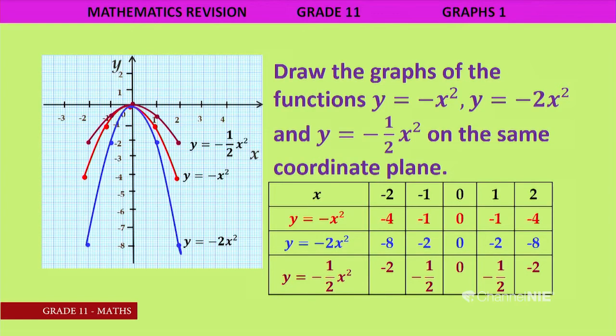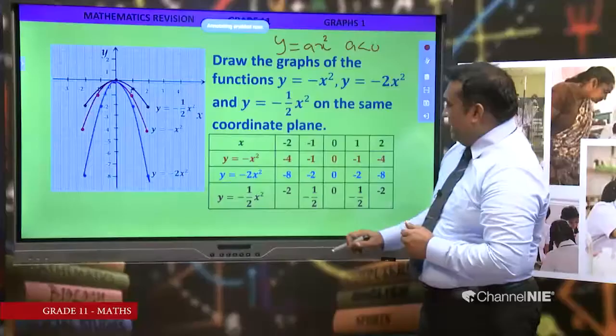Here also -1 into -1 is +1, because of this minus sign you have -1. Here 0 into 0, 0. 1 into 1 is 1, because of this minus sign, again you have -1. 2 into 2, 4, because of this minus sign you have -4. Got it? Right.